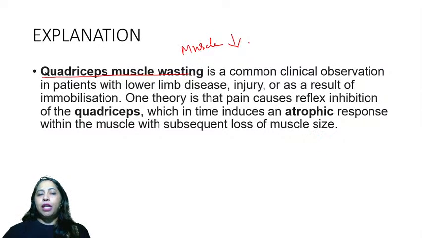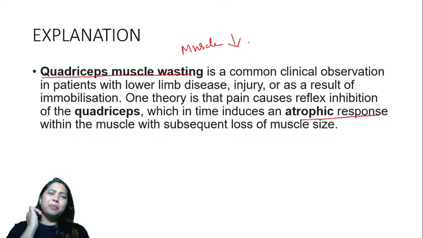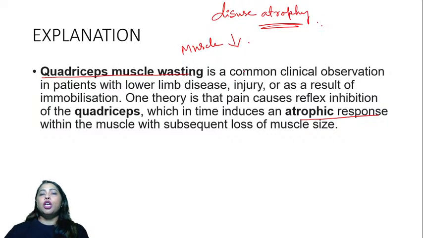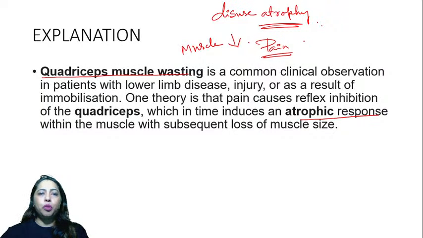So there could be atrophic changes that lead to a decrease in muscle mass. It could be because of some diseases of the limb, or it could be purely because of immobilization. So it is also known as disuse atrophy. Many times they experience pain when they use their limbs after a long time of sitting.